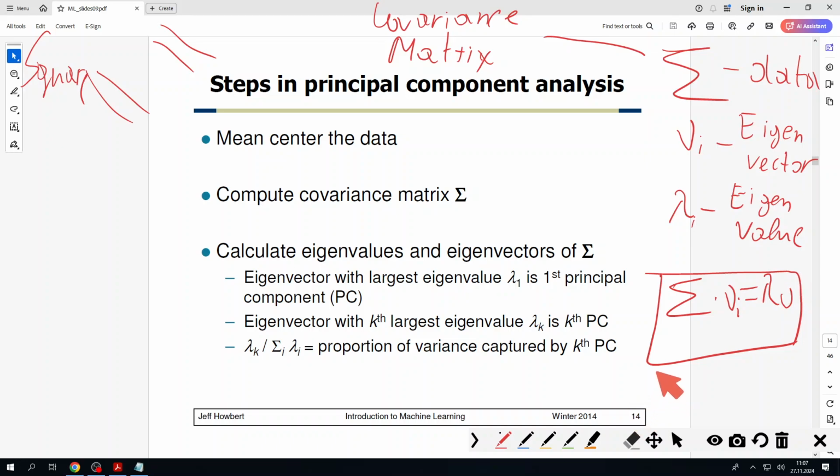Like this: sigma minus lambda times the identity matrix equals 0. That's how you calculate the eigenvalues, that's how you find these lambdas.